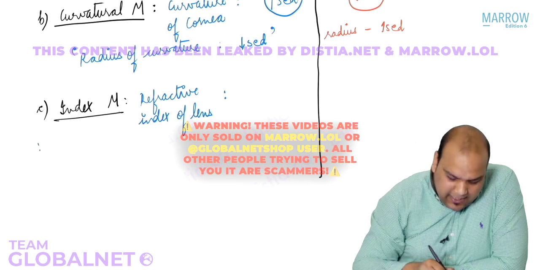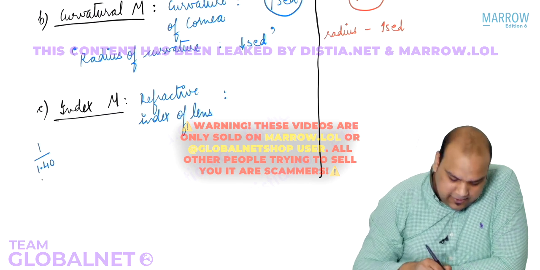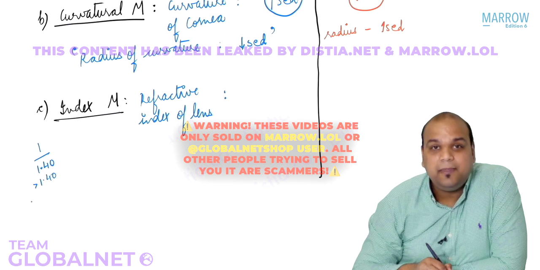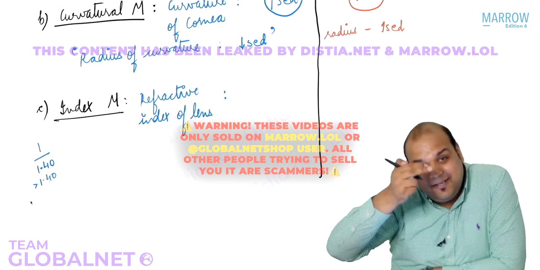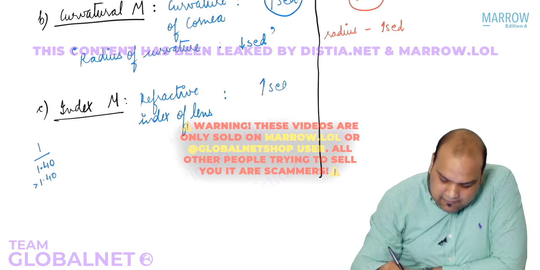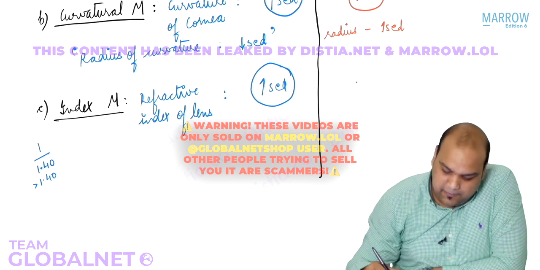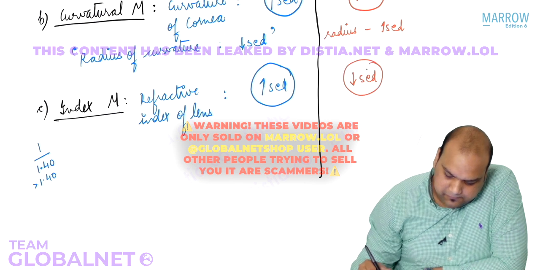So normally air has a refractive index of 1, lens has a refractive index of 1.40. But if the refractive index of the lens becomes greater than 1.40, the difference will increase, the converging power will increase. So that means when the refractive index of the lens is increased, the power of the eye is increased, thus causes myopia. The opposite will be true for hypermetropia.